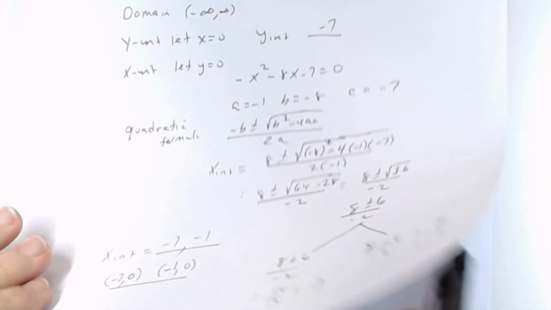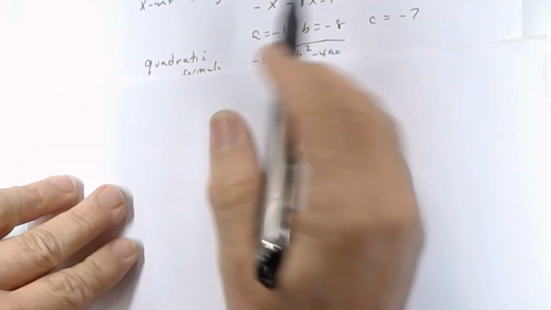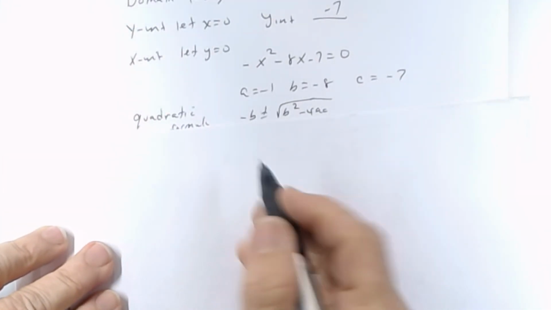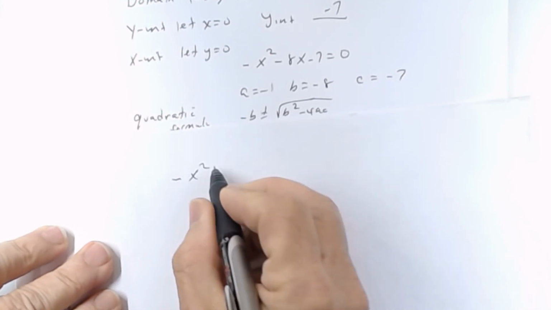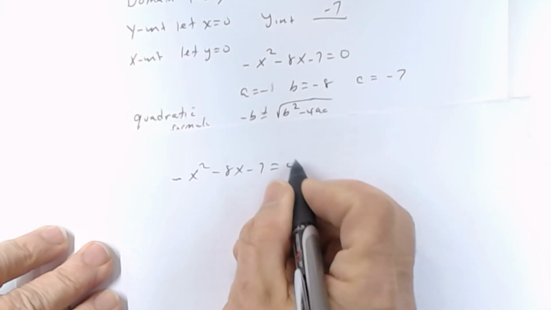All right, so if I go back to this quadratic equation right here, negative x squared minus 8x minus 7 equals 0. What part of this quadratic equation throws you off? The negative x squared. A. Normally when we did factoring, A was what kind of number? Positive.